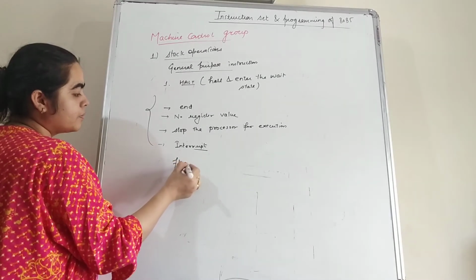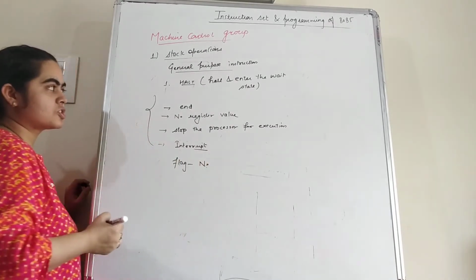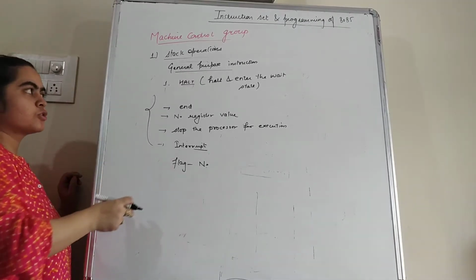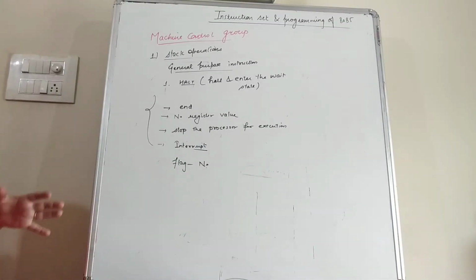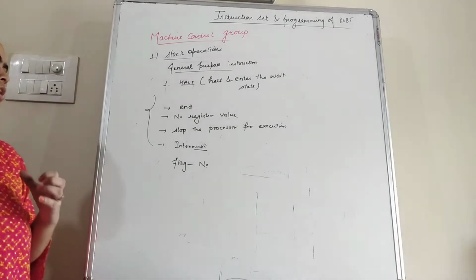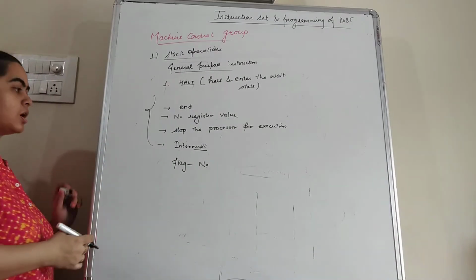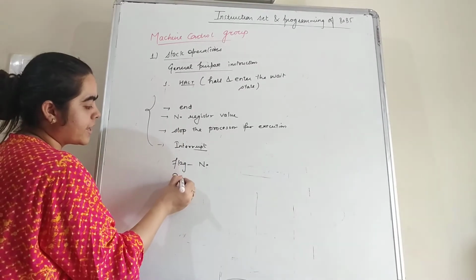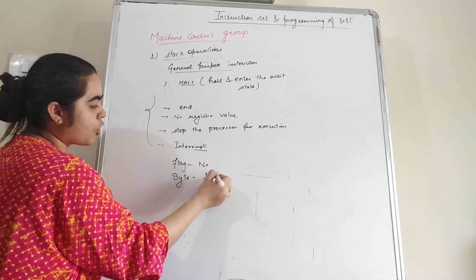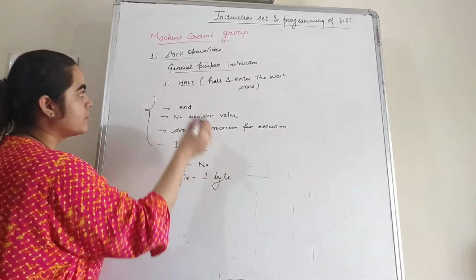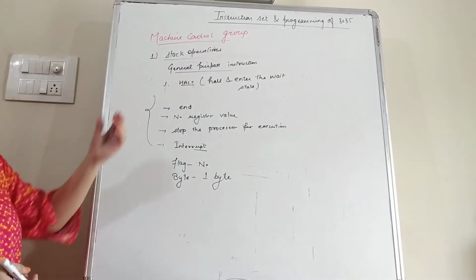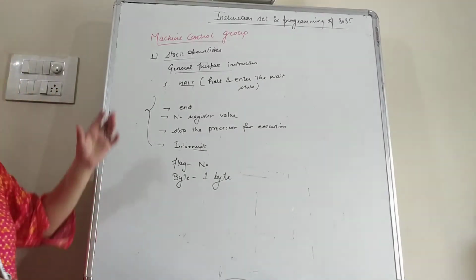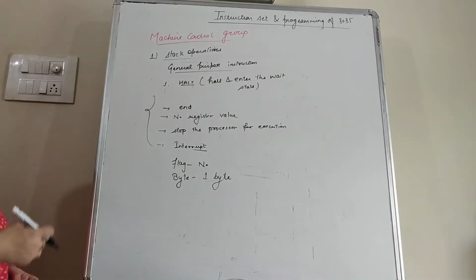No flag will be affected by this instruction, because it is just used to stop the microprocessor, or to tell it to wait for some time when the interrupt occurs. Next is the byte. It will occupy 1 byte of memory, because nothing else is specified in this instruction. So this is the halt instruction.